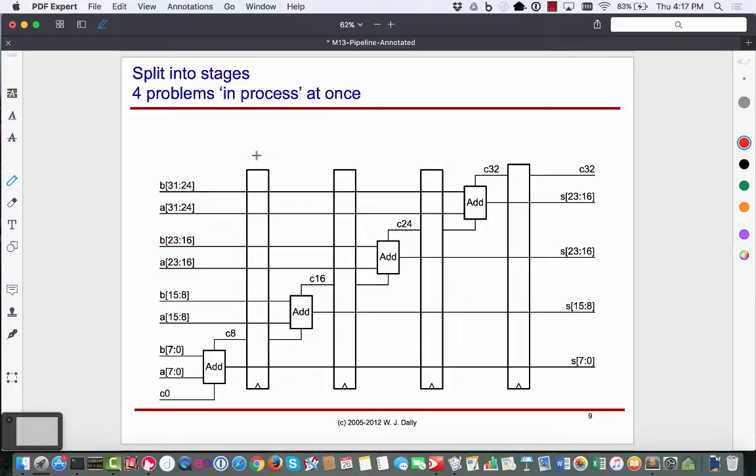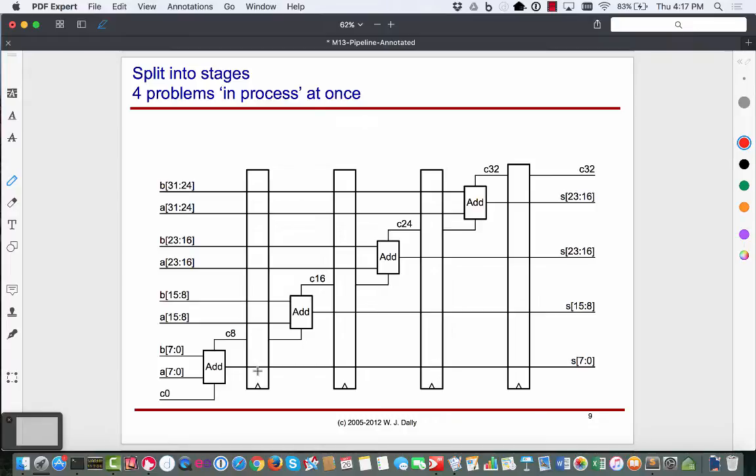So what will happen in this figure is the following: a pair of A and B which arrives out here, in the first clock tick, all we will do is the lower 8 bits. And we will take the carry out and the sum which is produced and make it available as input to this register.